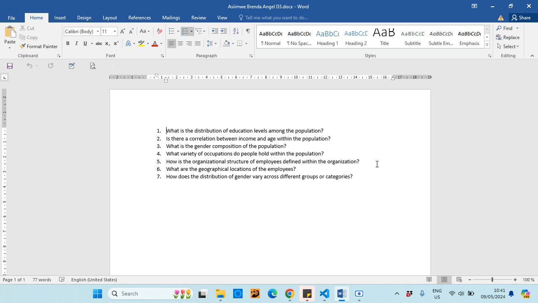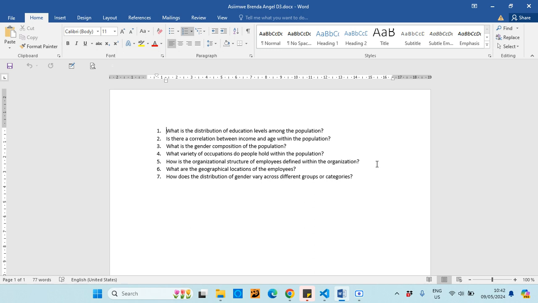And then the gender composition, and what variety of occupations the people hold. So this will look at the different occupations and the number of people that have those specific occupations. Then the organization structure. Here I prefer a network diagram to show the hierarchy within the organization, to show who supervises who.